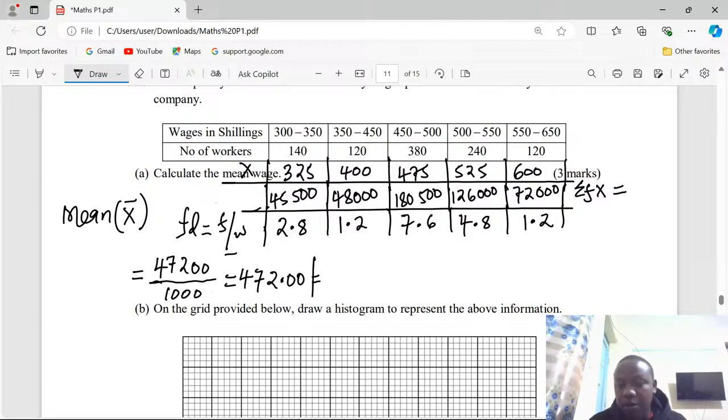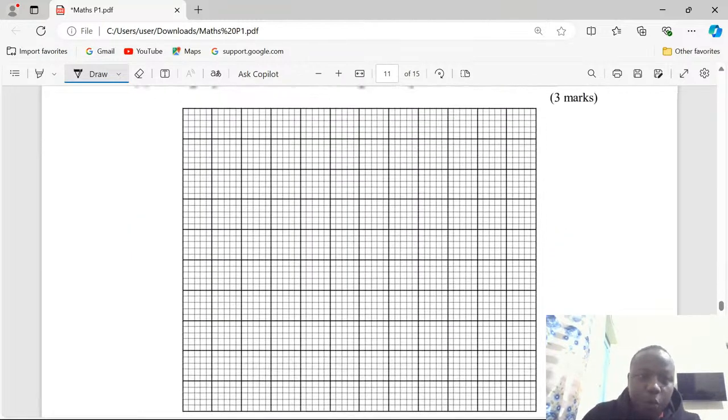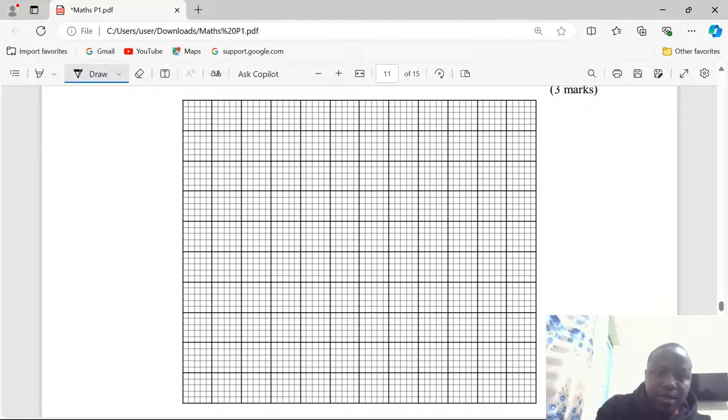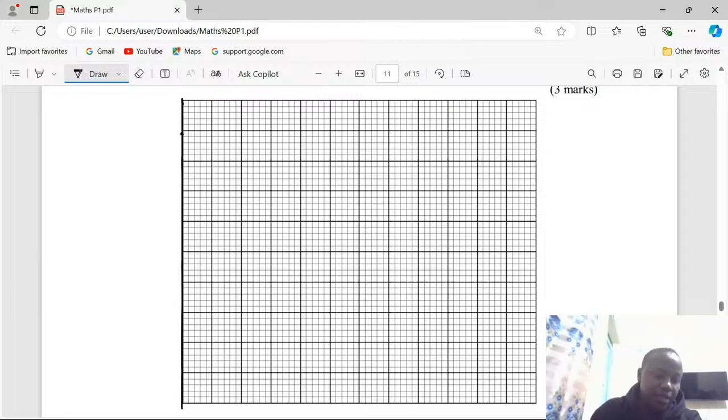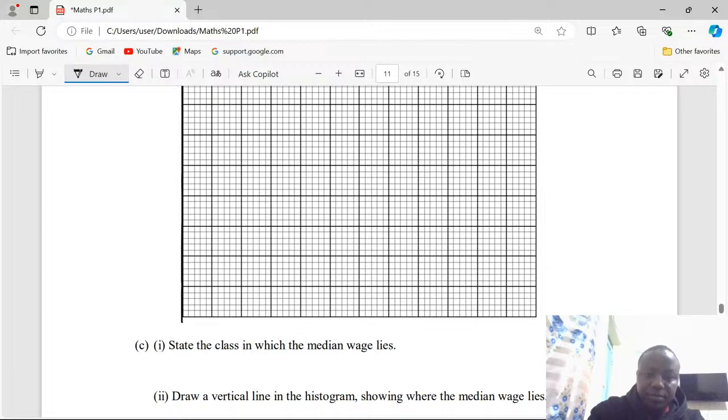So now we can plot the frequency densities against the upper limits. Remember, the frequency densities are going all the way to 7.6. So we can use intervals of 1 unit for each square in the vertical axis. That can be a favorable scale, all the way to 7.6.